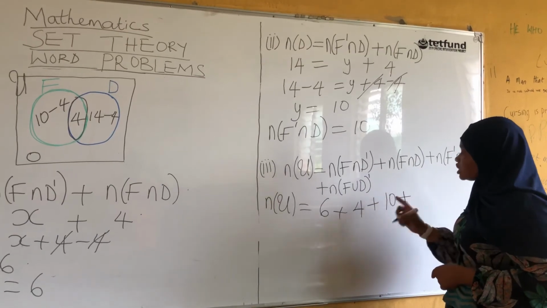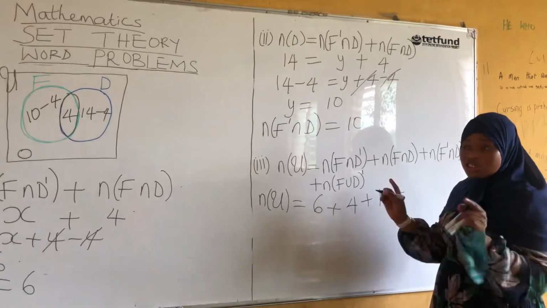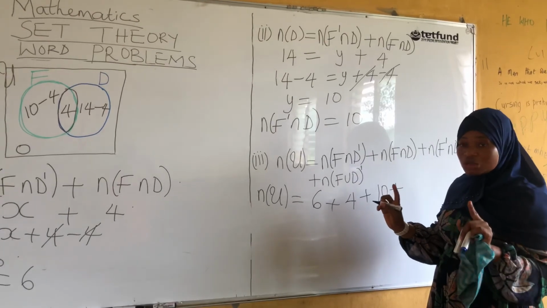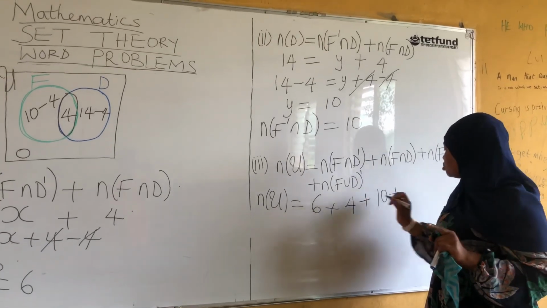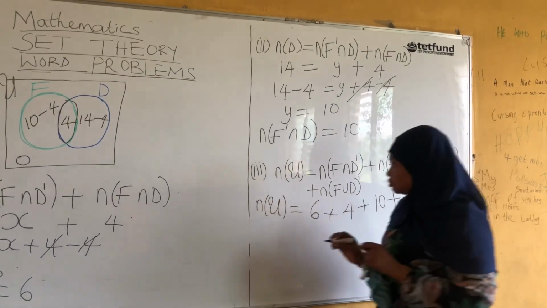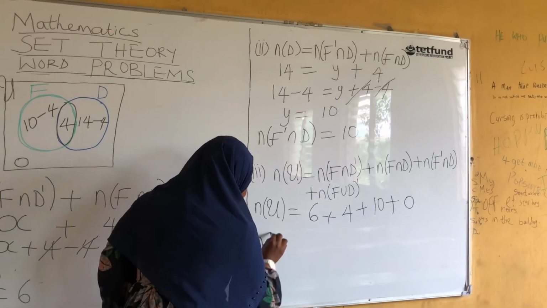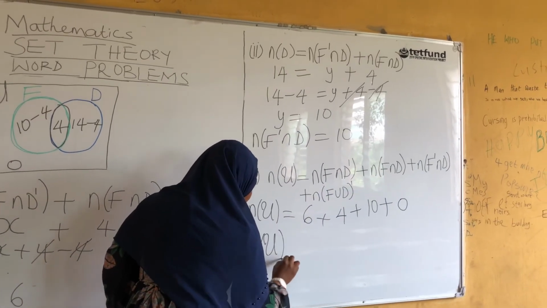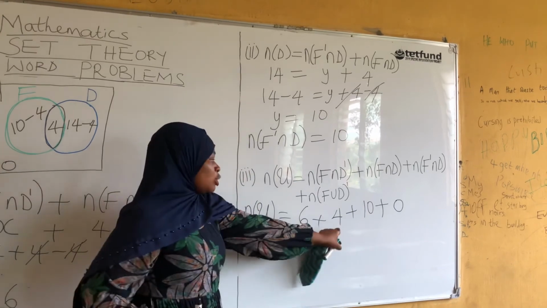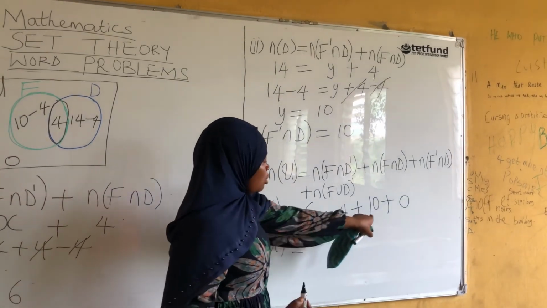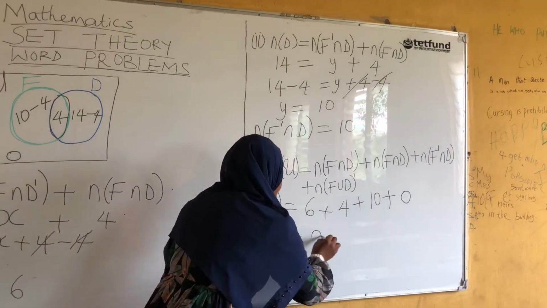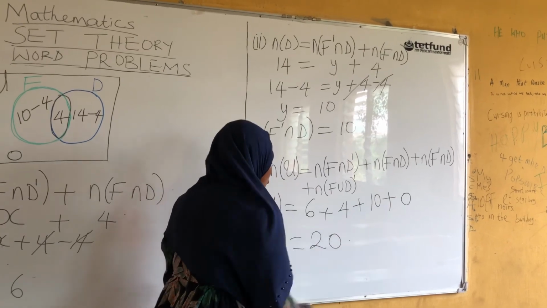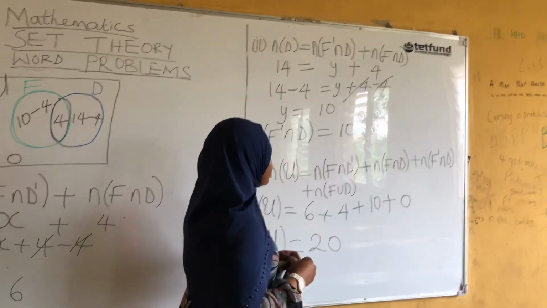And from the question, which says that there's nobody in that party that did not dance to any of the music, that means this one will be equal to 0. So the number of those that were in that party will now be equal to 6 plus 4 is equal to 10 plus 10 is equal to 20. So 20 people were present in that party.